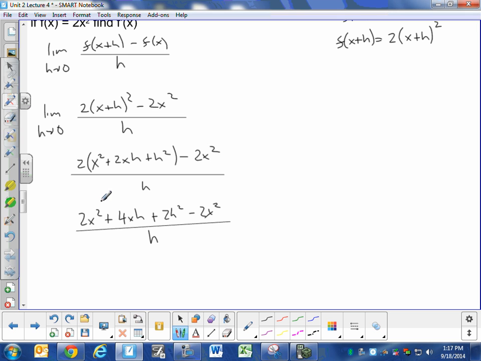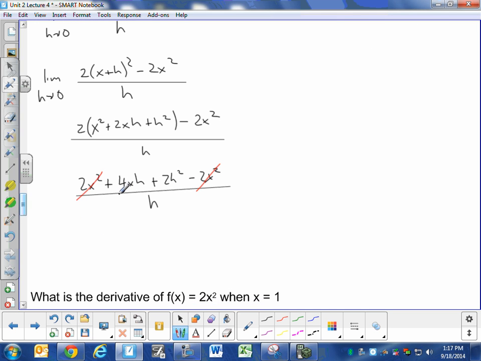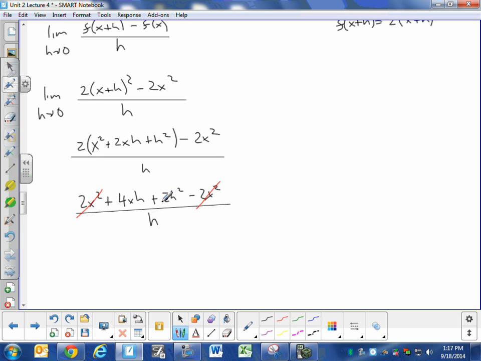What happens? The 2x squared go away. What can I do? I can factor out an h from these remaining top two terms, giving me h times 4x plus 2h over h.